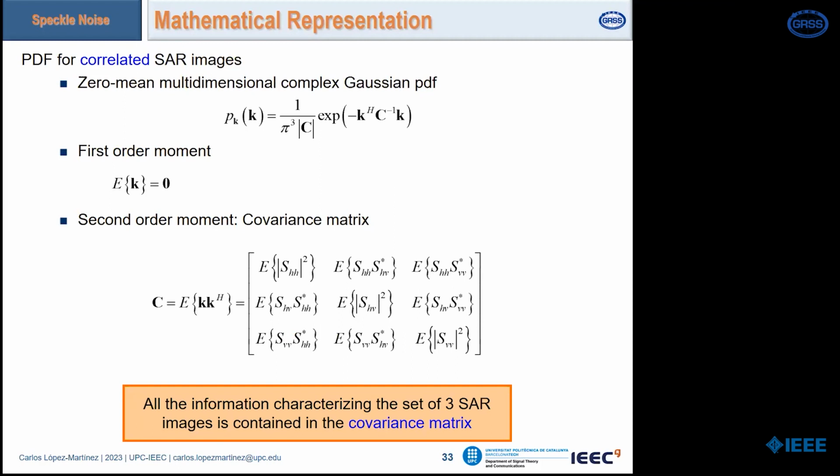When I plot these color images, which are very nice, I'm only representing this part of the information. But polarimetry is something more than just nice colors. Polarimetry is this and these guys here: intensity plus correlation. And by the way, the phase of these is the most important radar observable. Okay?